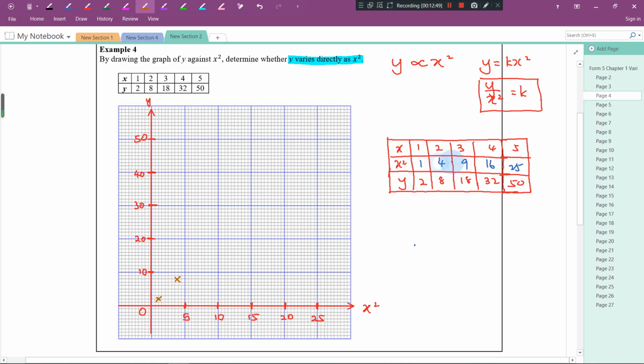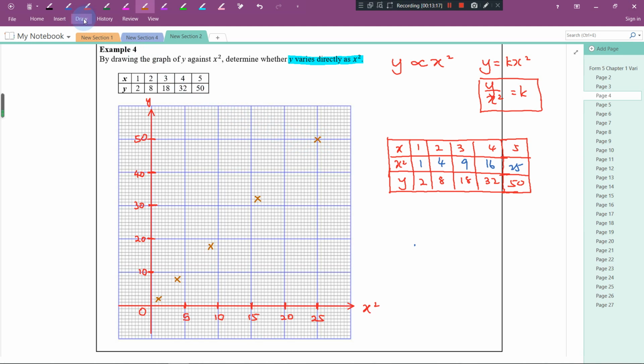And when x squared is equal to 9, y is equal to 18. When x squared is equal to 16, y is equal to 32. And last one, when x squared is equal to 25, y is equal to 50. Okay, this one should be easier.